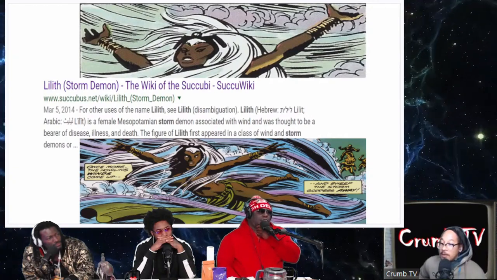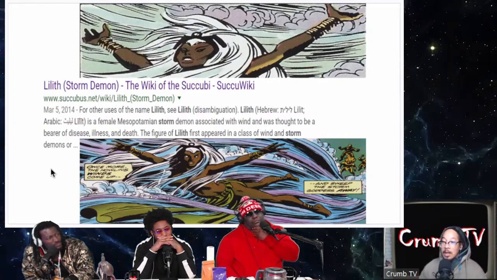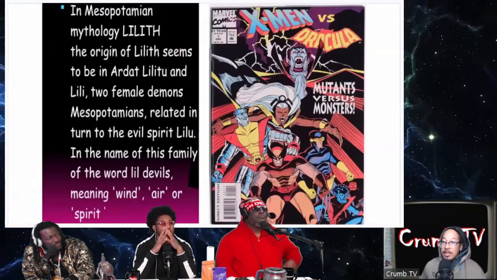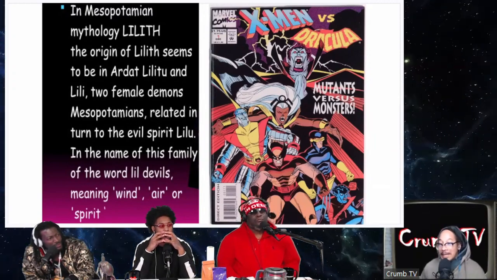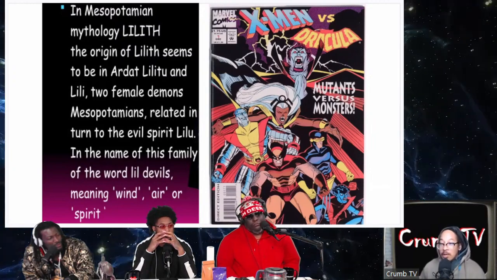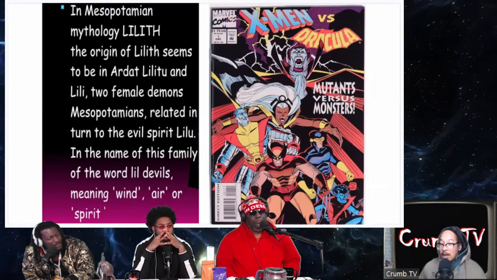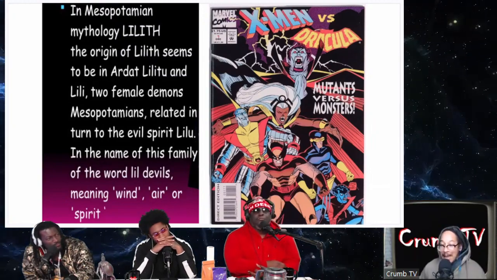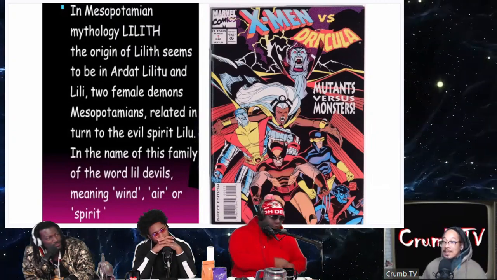The figure of Lilith first appeared in a class of wind and storm demons in Mesopotamian mythology. The origin of Lilith seems to be in Ardat Lili and Lilitu, two female Mesopotamian demons, related in turn to the evil spirit Lilu. In the name of this family is the word Lil, meaning wind, air, because this is storm, and of course, spirit.